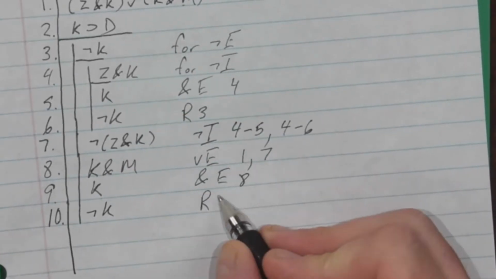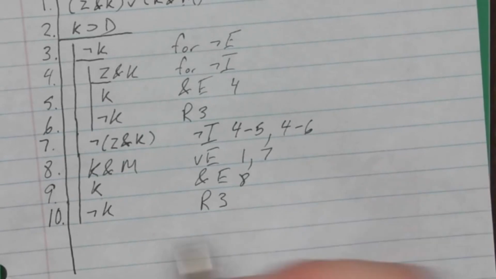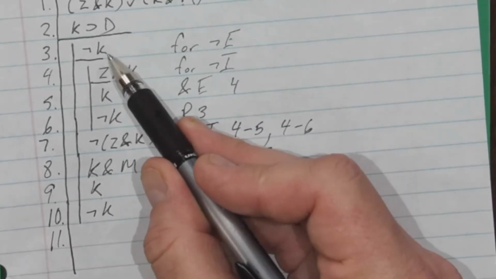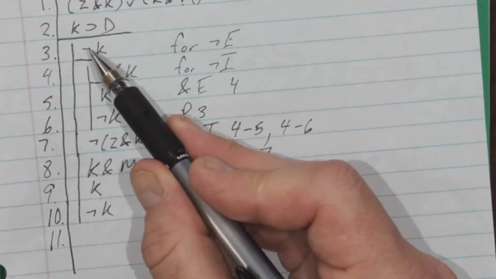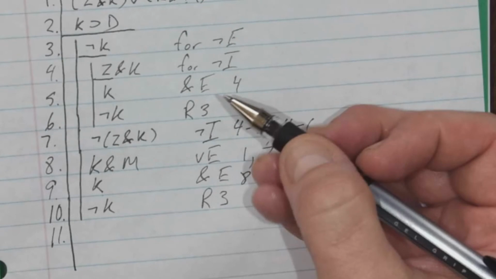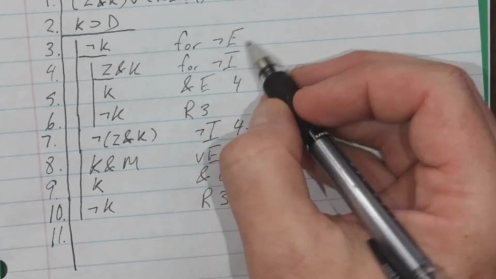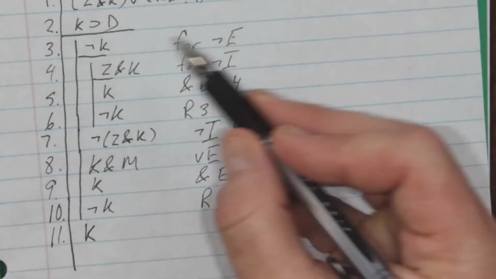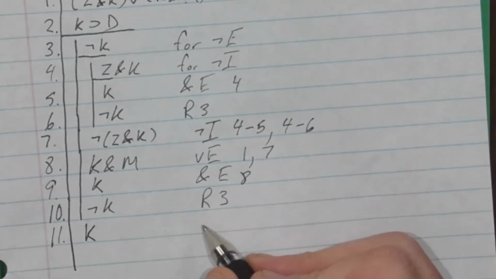So we'll just reiterate that. And then we are now able to assert the opposite of our negated assumption made at step 3. We've done what we wanted here, so we assert K, and we do that using negation elimination.